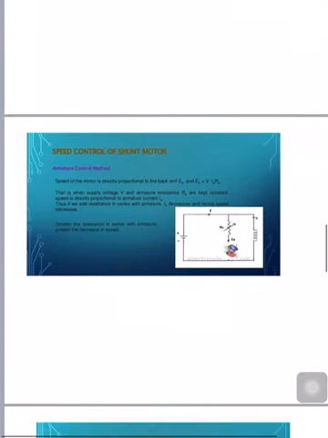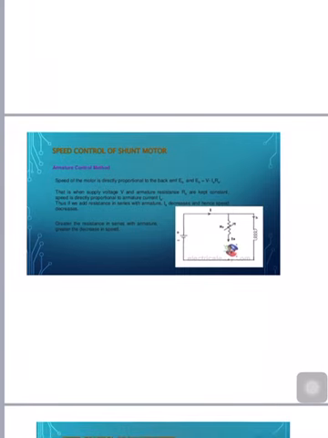Next one is the armature control method, speed control of shunt motor by armature control method. We know speed of the motor is directly proportional to back EMF, and the formula for back EMF is EB equal to V minus IaRa.